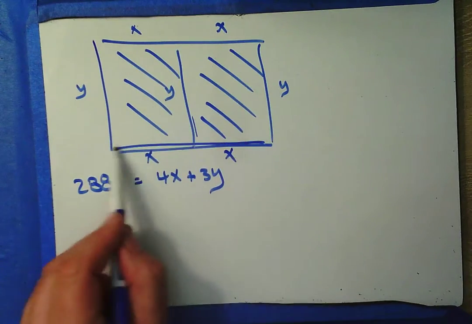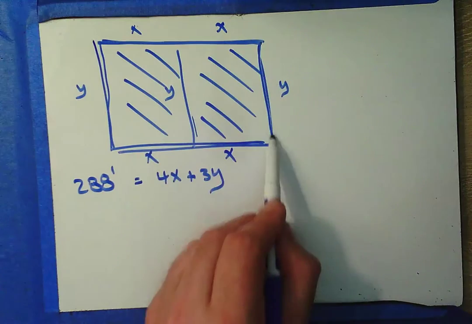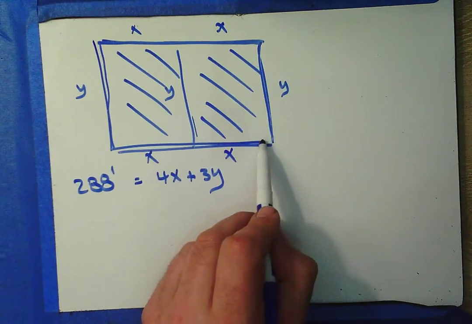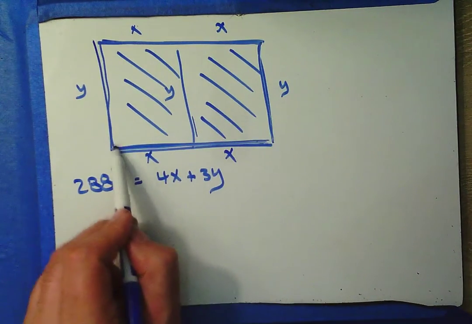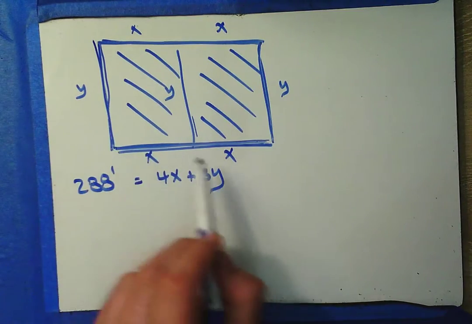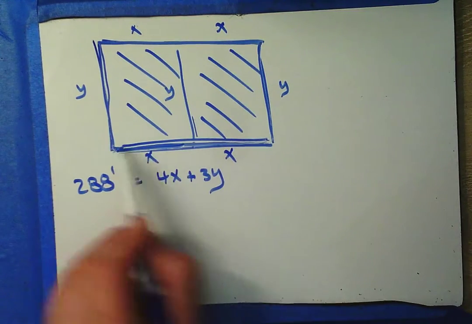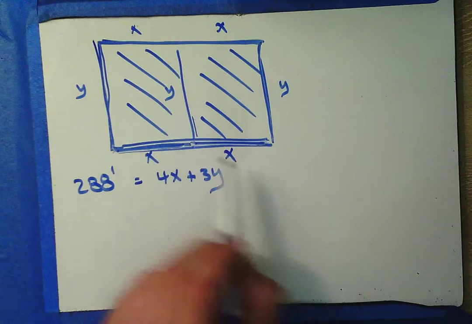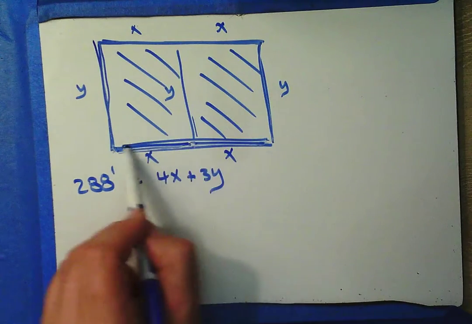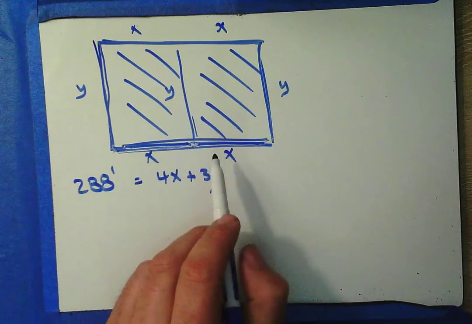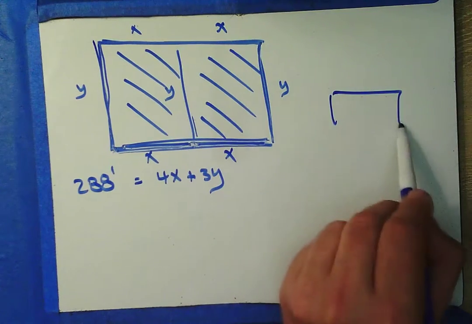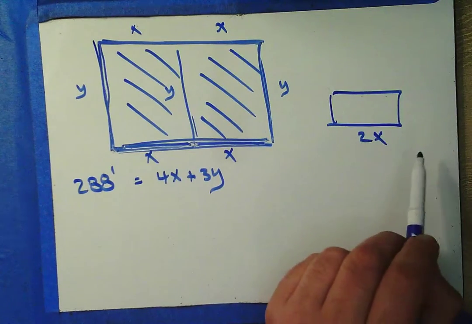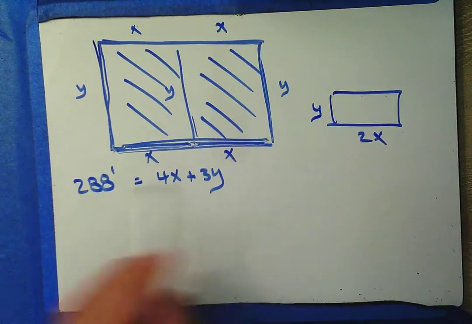So I see that this shape is just a big rectangle, and the formula for area of a rectangle is length times width. Well, what is this length? If this amount is x and this amount is x, Aya says that x plus x will be 2x. So I know our rectangle has a length of 2x and a width of y.